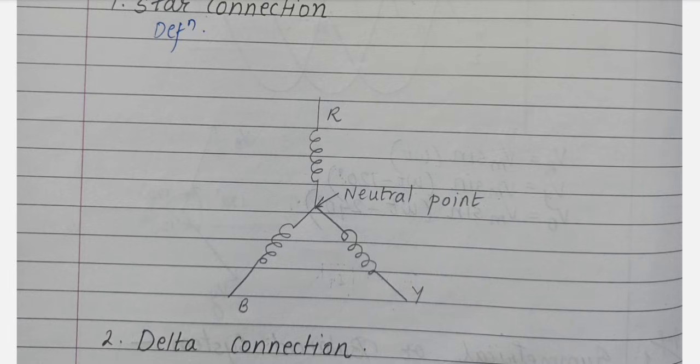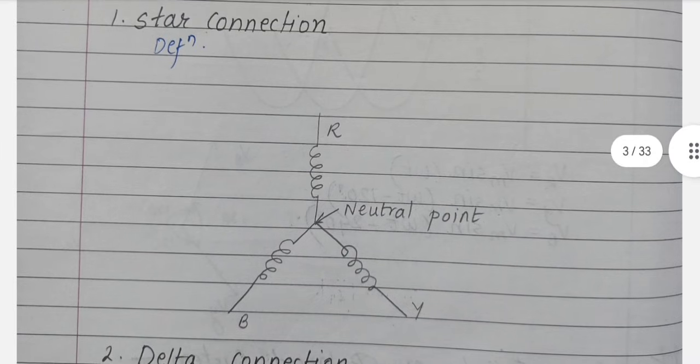See, where I have shown you the neutral point, that is your common point. So here what is happening? Three phase windings are connected to a common point and they are forming a star shaped configuration. Hence this connection is called star connection. Again I am pointing out that you have to remember the neutral point or the common point in this case. So what is the diagram?